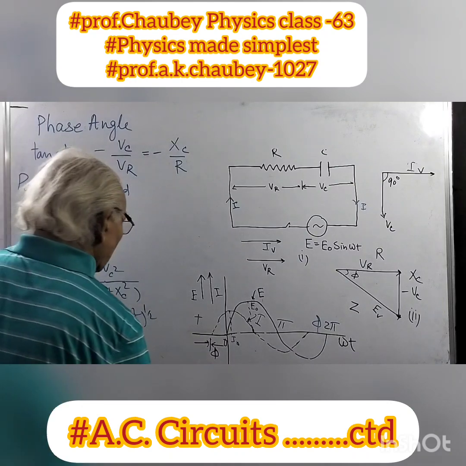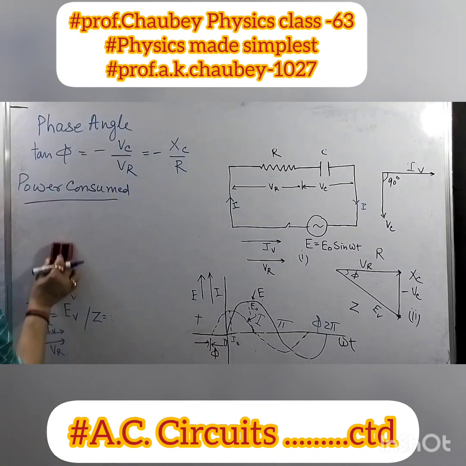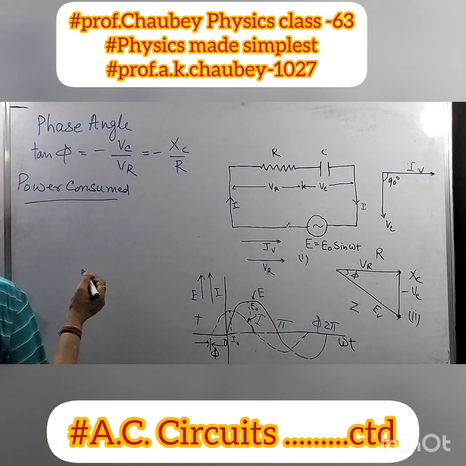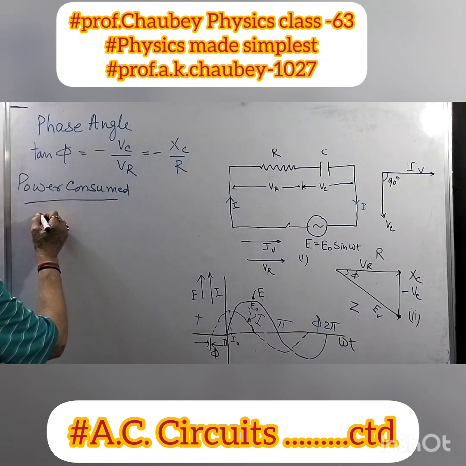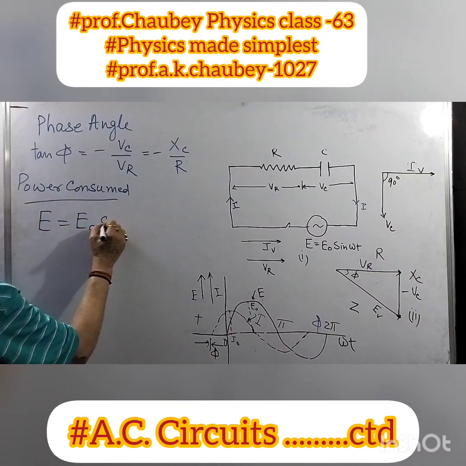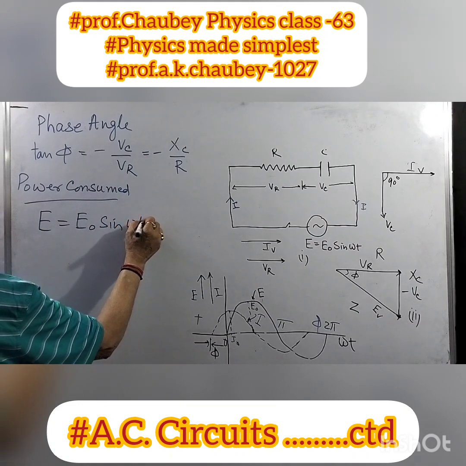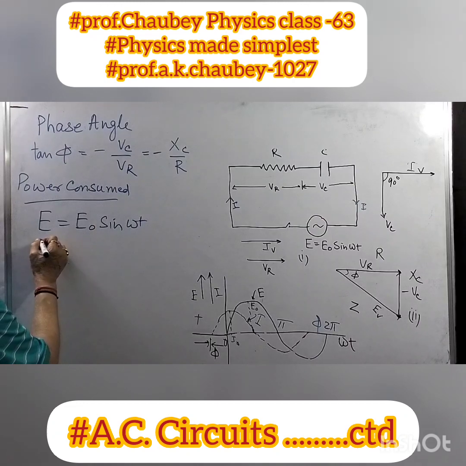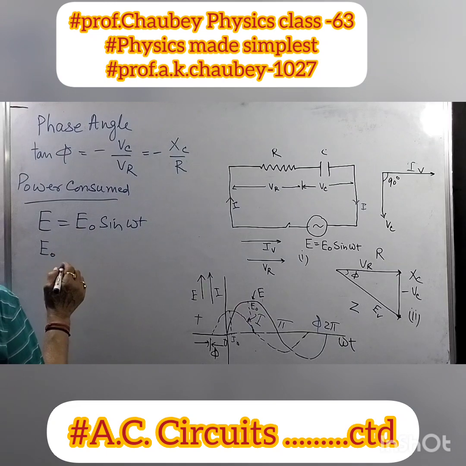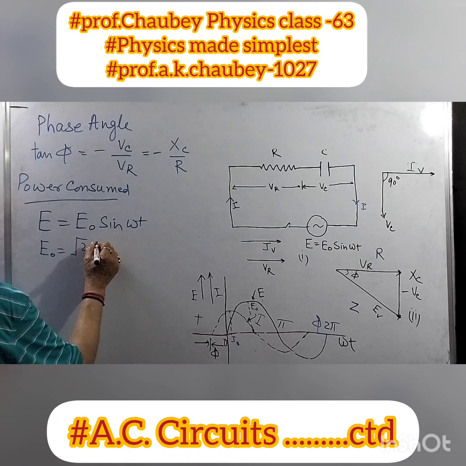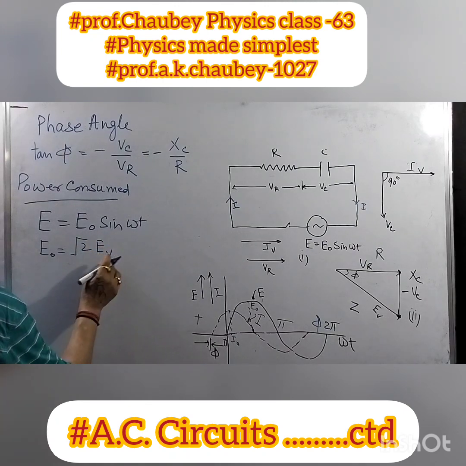And the power consumed you can write, well, power consumed, that E is equal to E naught sin omega t, and so E naught is from the RMS value, that is root 2 E_V, RMS value E_V.